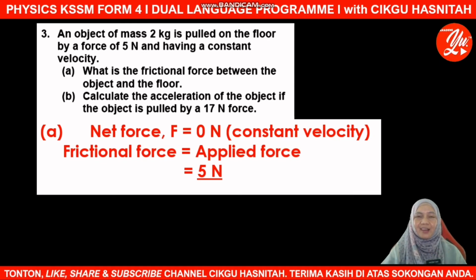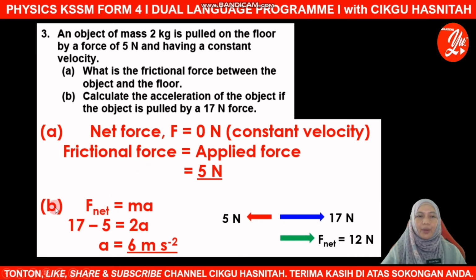And then for B, how to find the acceleration? We can use, yes, F equals ma, where the net force acting is 17 minus 5. This is the new force applied, 17 Newton, where 5 is the frictional force. Remember, a frictional force always acts in the opposite direction to the force applied.